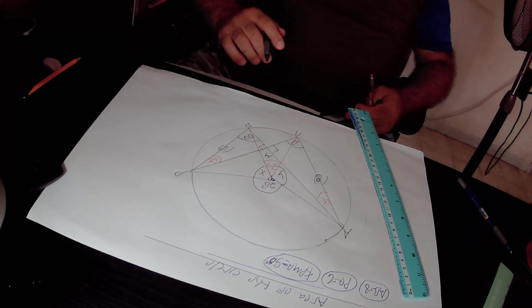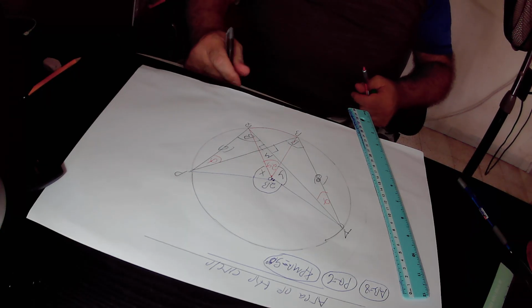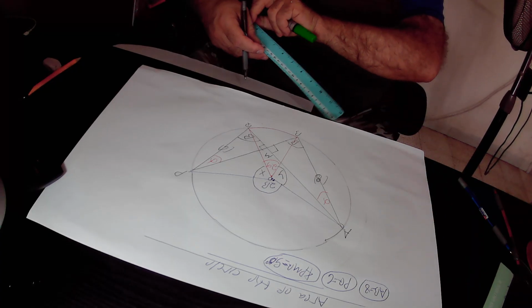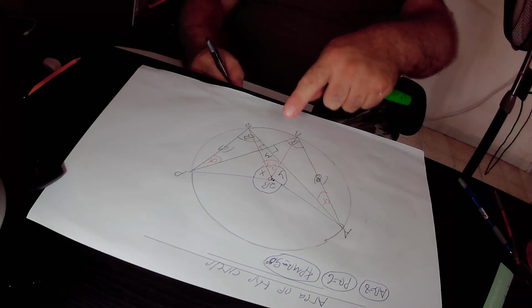So which angles do we have around point O?